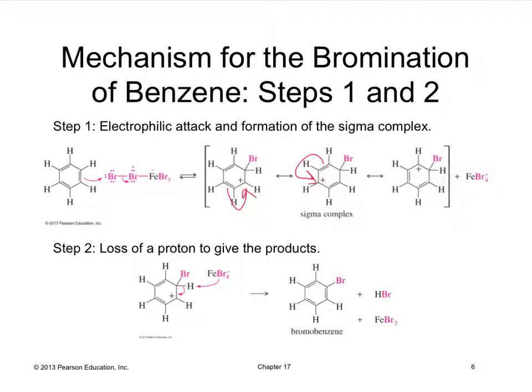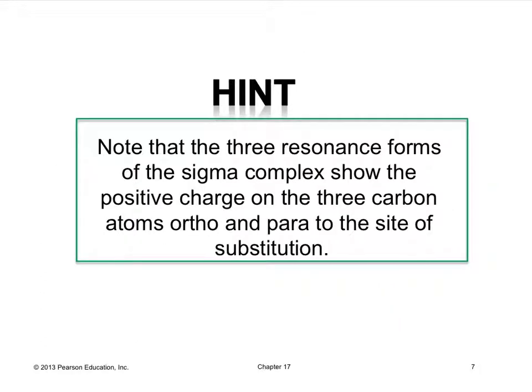FeBr4 minus will come and deprotonate, reforming the ring and generating the product. An important thing to note is that the three resonance forms of the sigma complex show positive charge on the three carbon atoms ortho and para to the site of substitution.